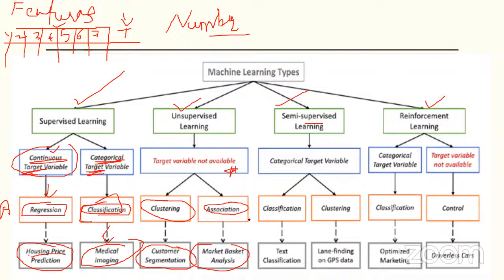Regression is used for predicting a numeric value. We want to predict a numeric value, so I'll be using regression. So let me look at a data set, a data set which is easy for us to understand.